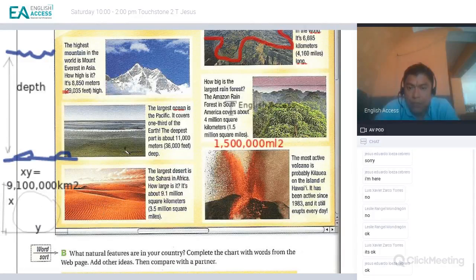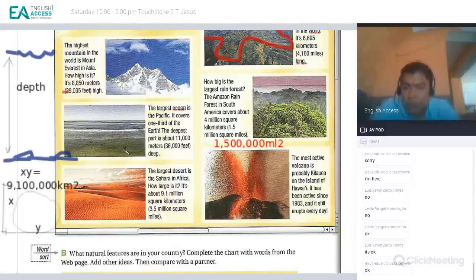Yes. And the last one we have here, the most active volcano is probably Kilauea on the island of Hawaii. It has been active since 1983 and it still erupts every day. Imagine that. This volcano has been erupting every day since 1983.